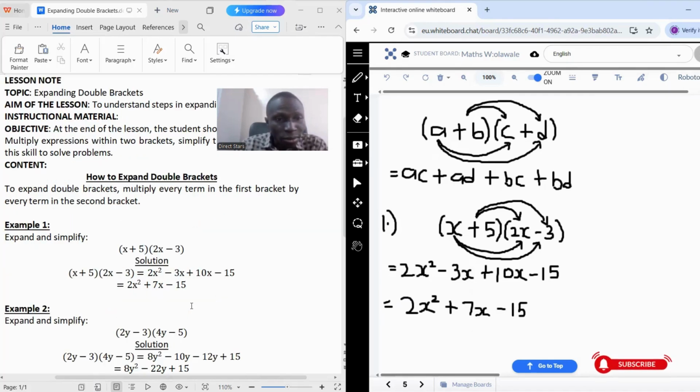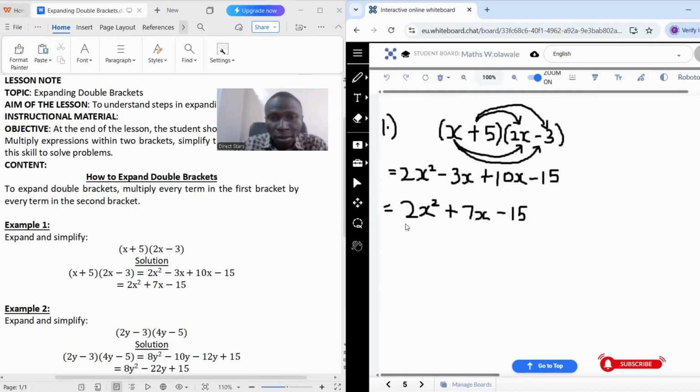Move to example 2. In example 2, we're asked to expand and simplify (2y minus 3) multiplied by (4y minus 5).